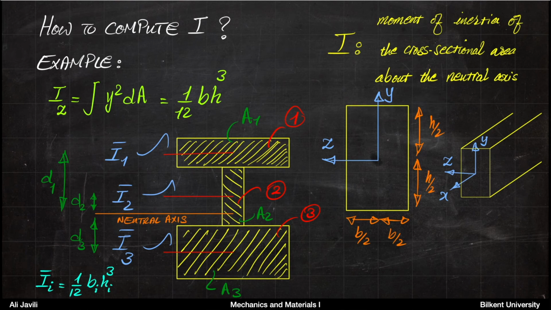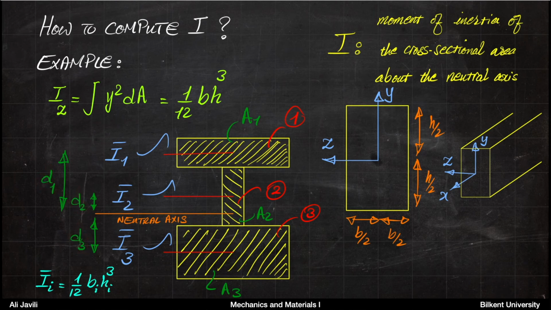What I'm saying here is that, in this case, for instance, you would assume that you know the neutral axis lies here, assuming that your cross-section is made of three parts, 1, 2, and 3, and each of them has area A1, A2, A3, with the distances D1, D2, and D3 from the neutral axis.